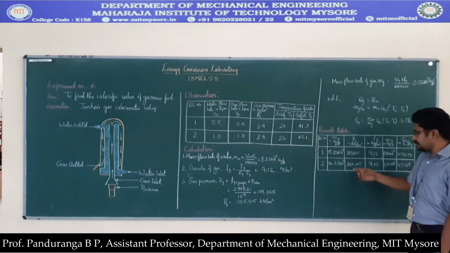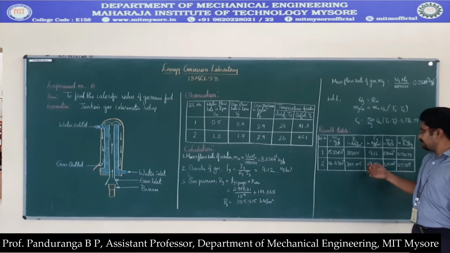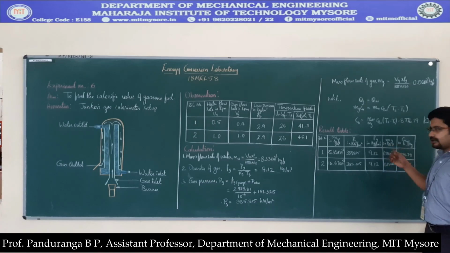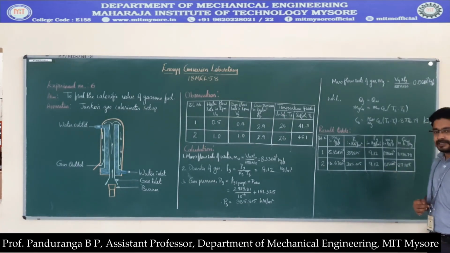So the absolute pressure is 385.815 kilonewton per meter square. And the density remains same because the pressure and temperature remain same. So the density will be same. The mass flow rate of gas for the first trial is 0.06 into 10 to the power of minus 3. For the second trial it is 0.152 into 10 to the power of minus 3 kg per second.